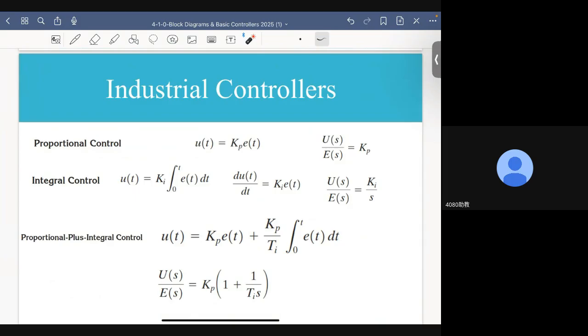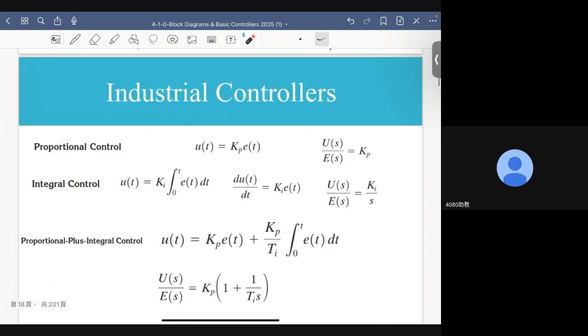Instead of only two different levels of control operations, here the output of the controller is actually proportional to the error. So if the error varies continuously with time, the controller output will also vary continuously with time in a completely positively correlated manner, okay?